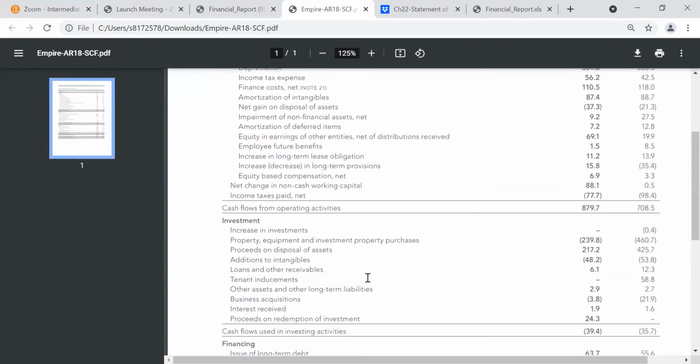That's good. However, they also generated cash from asset disposal. So they sold some assets. Now, I do not have more information here. If we were doing a full analysis of the company, I would look into what kind of assets, and why they sold them. Are they doing restructuring, or closing some stores?